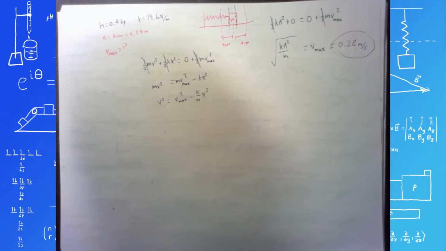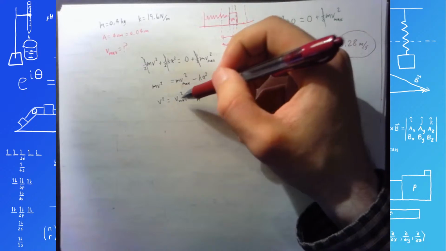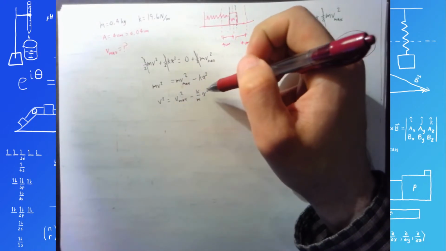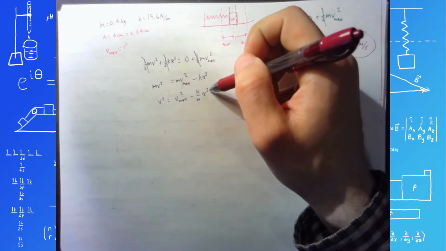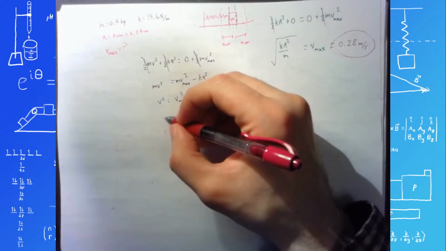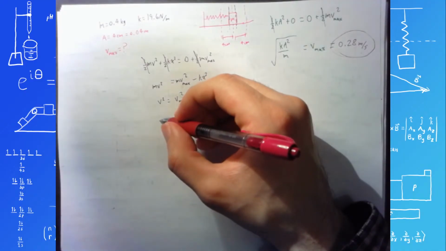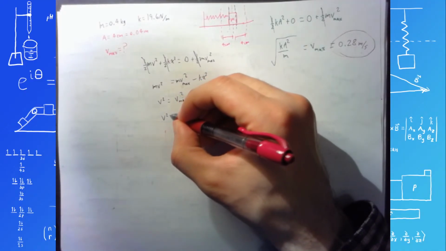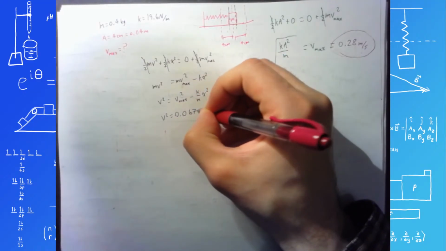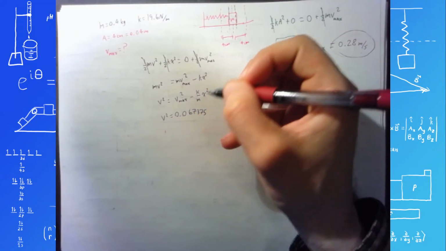So 0.015 squared. So I've got 0.28 squared minus 19.6 over 0.4 times 0.015 squared. And I'm getting v squared equals 0.067375.